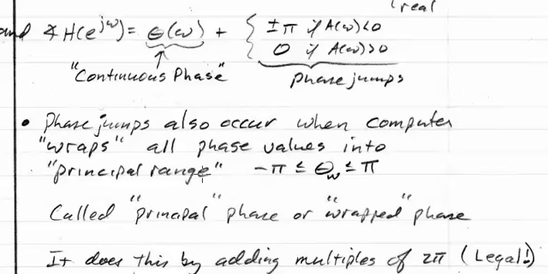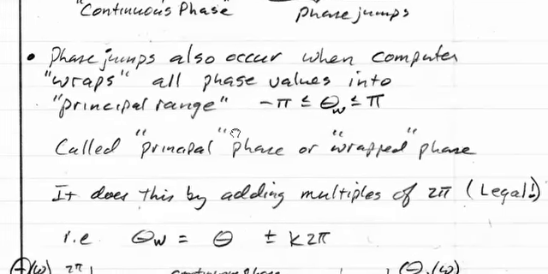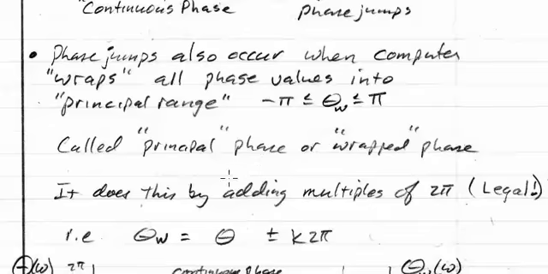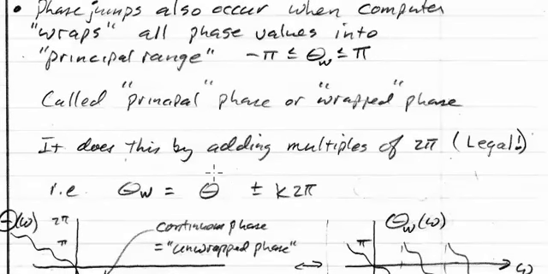This is called the principal range, and these phases are called principal phases, or wrapped phases. It just takes the original phase and adds plus or minus multiples of 2 pi so that the result winds up in this principal range.